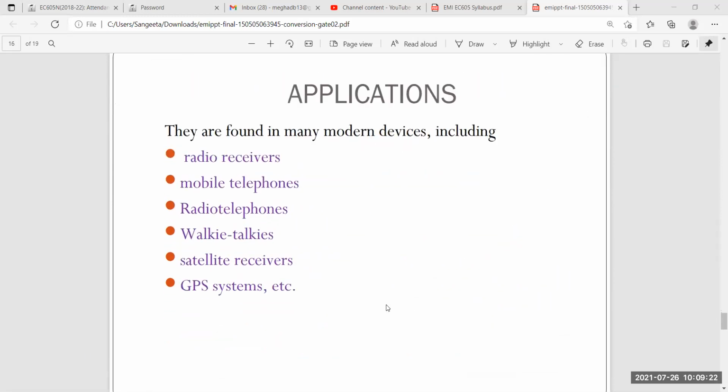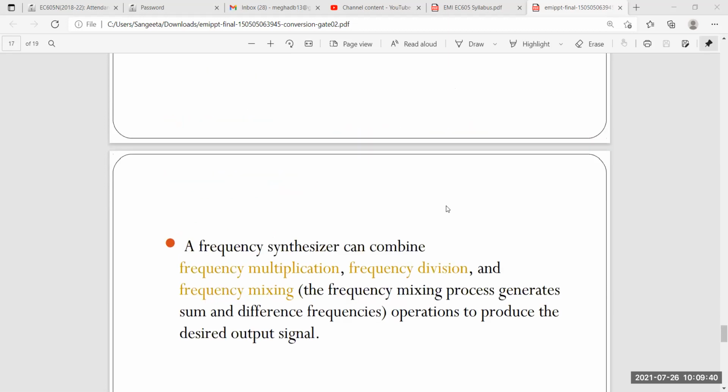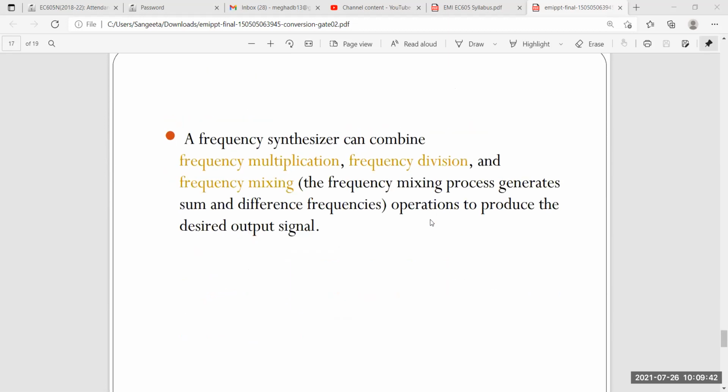There are some applications of this frequency synthesizer, signal generator, that is radio receivers, mobile phone, radio telephone, walkie-talkie, satellite receivers, GPS systems. So in all these devices, you can find the application of this particular device. Frequency synthesizer can combine frequency multiplication, frequency division, and frequency mixing.